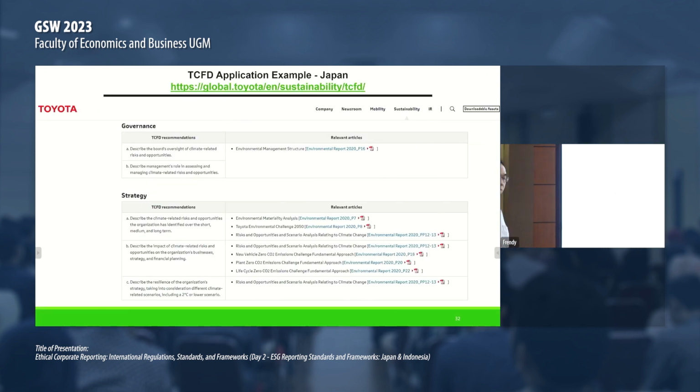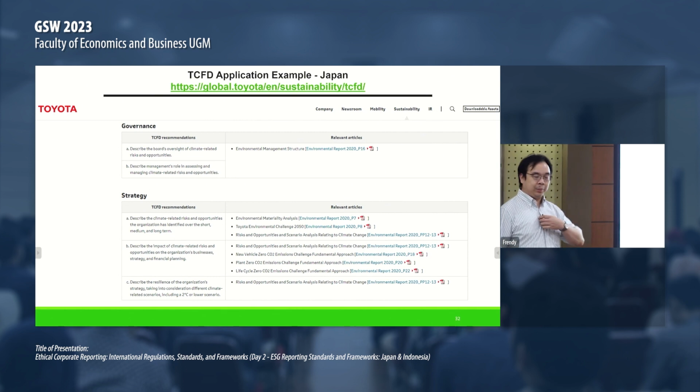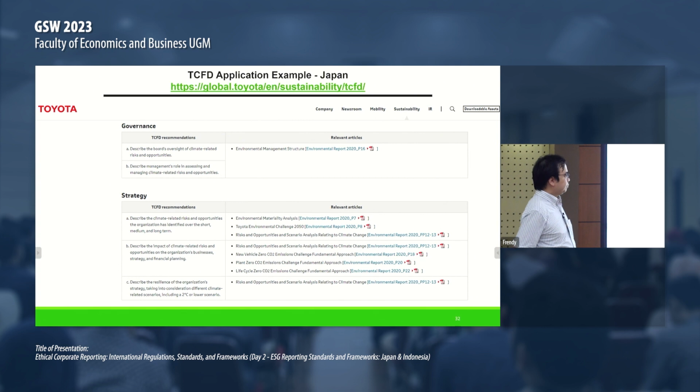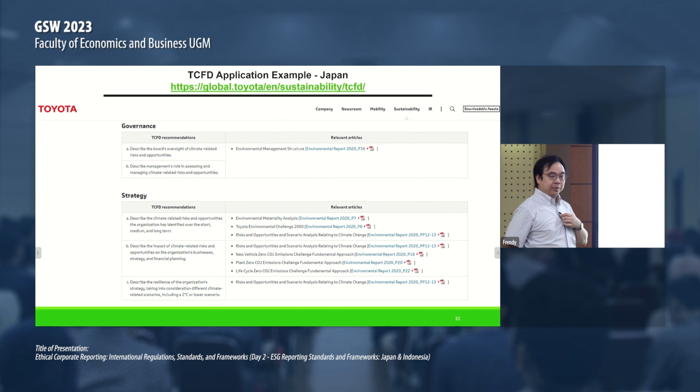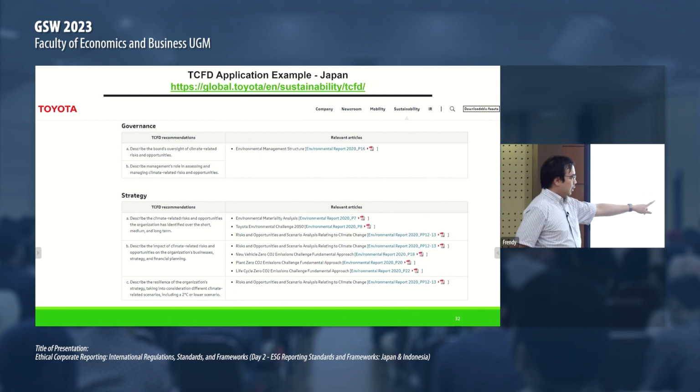Okay, let's see another example of application of TCFD in Toyota. So it covers a few main topics: governance and strategy. And within each individual topic, we can connect the items that TCFD recommended.